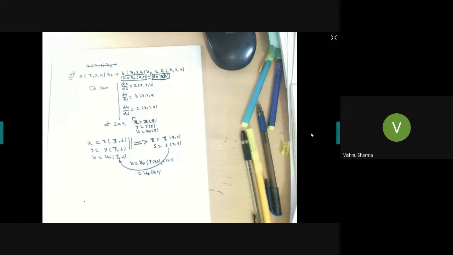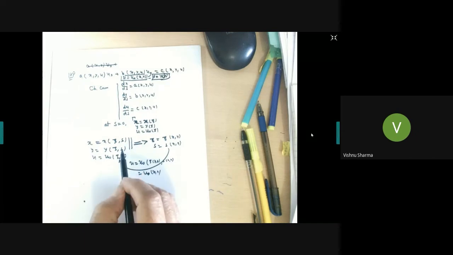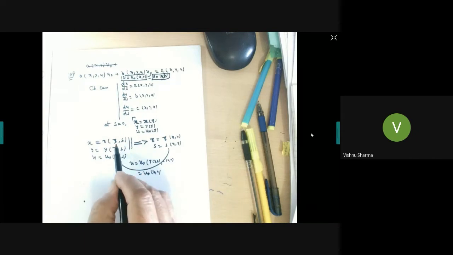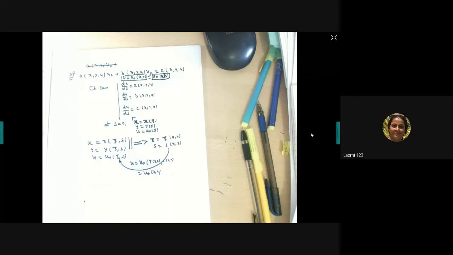But is it always possible to solve these two equations for xi and s uniquely? That can be possible only when the Jacobian is non-zero.